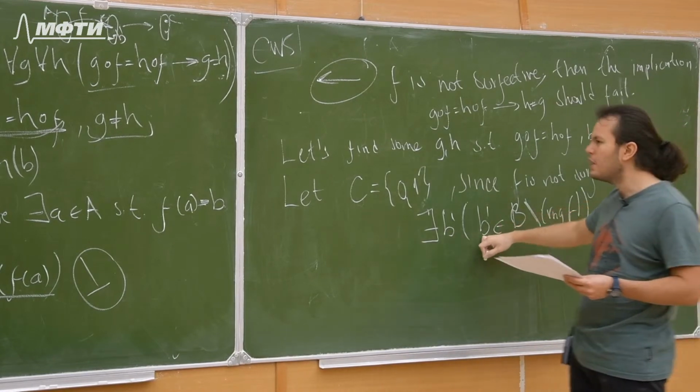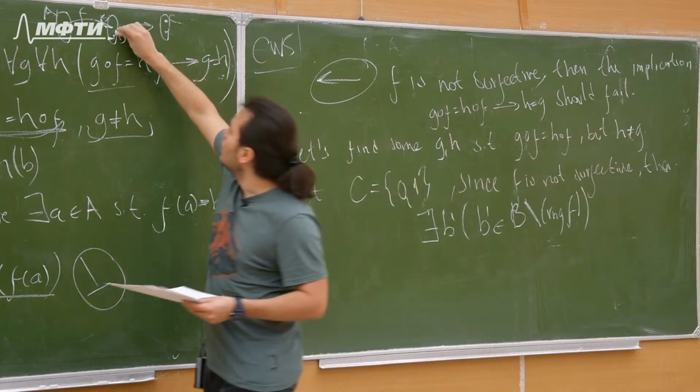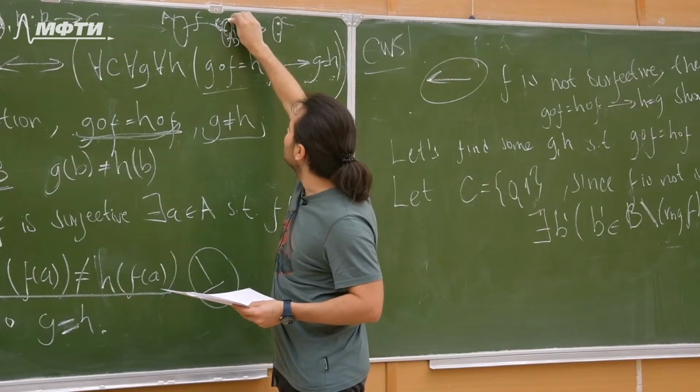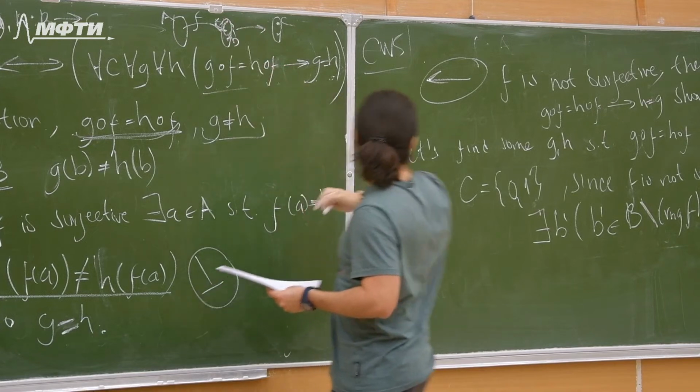So there exists some B prime here which is not covered, let's say like this, by this F.